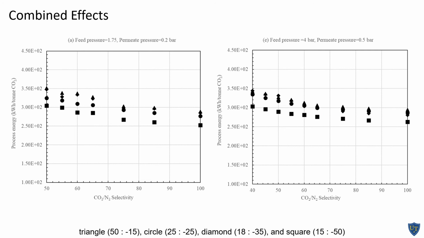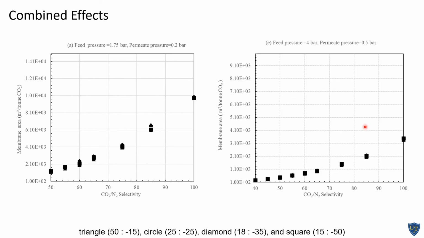But along with that reduction comes an increase in the required membrane area, which is an increase in the capital cost in both cases. And so the combined effect of an increase in capital cost that comes with an increase in selectivity, and that reduction in operating costs, leads to the minimum in the total levelized cost of electricity, or the increase in levelized cost of electricity.